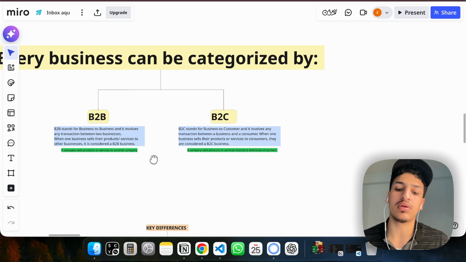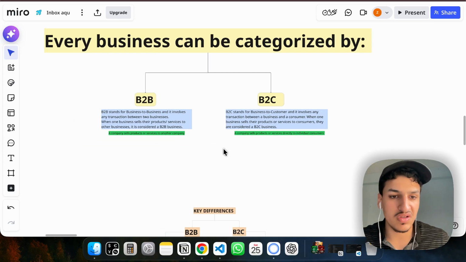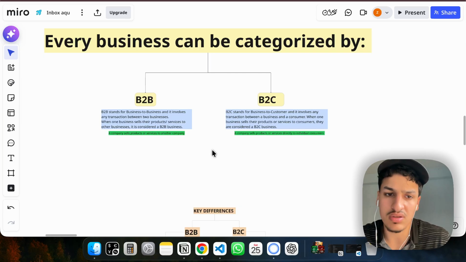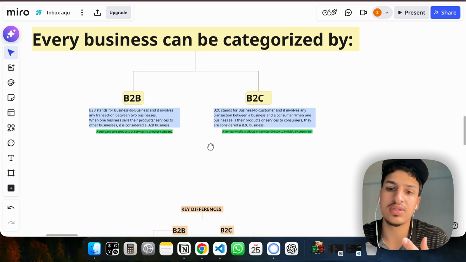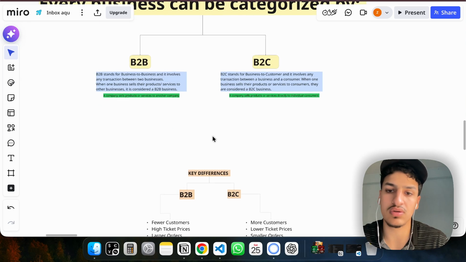For example, if a supermarket sells a pack of cigarettes to another human being, it's considered a B2C business. So, in summary, B2B is a company that sells its products or services to another company, but B2C is a company that sells its services to individuals or customers.